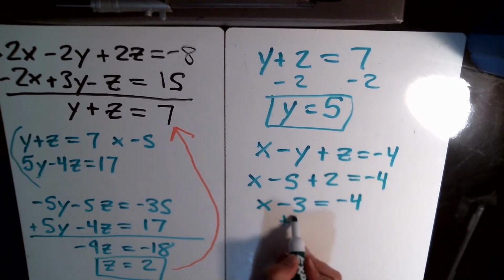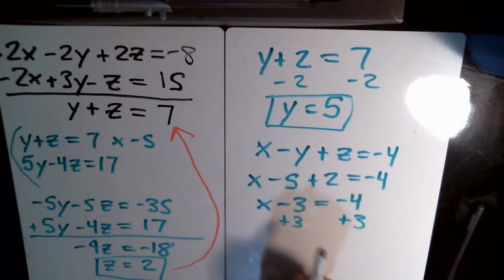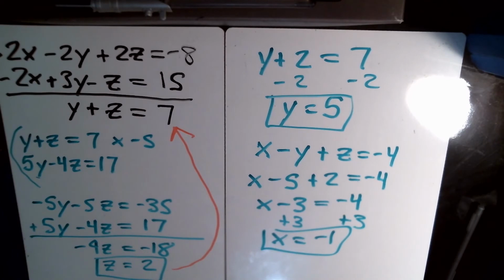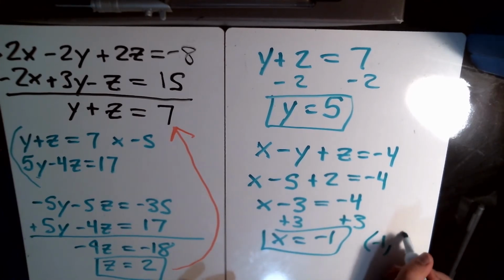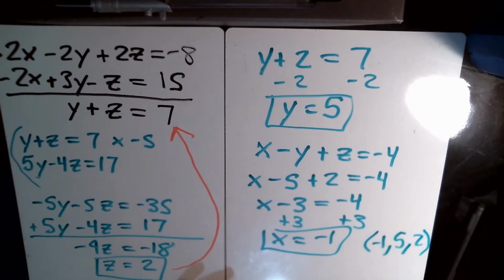And then we just add 3 on both sides, so we get x is -1. So our final answer here is -1, 5, and 2.